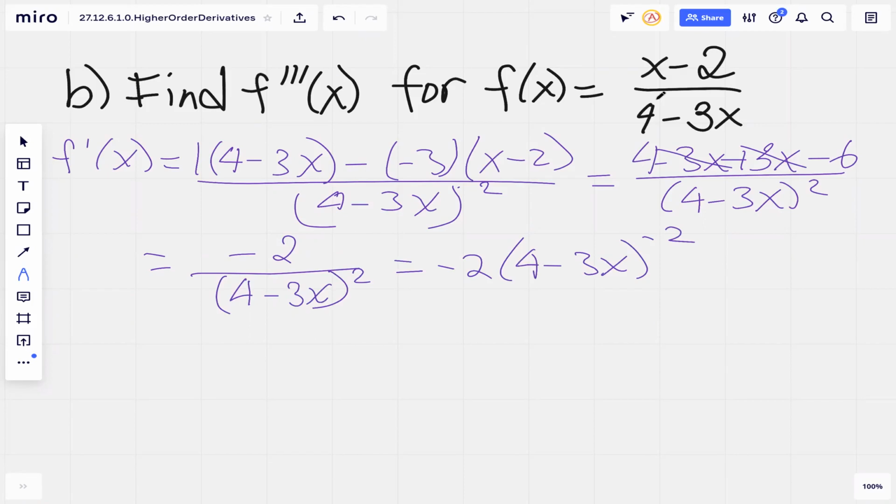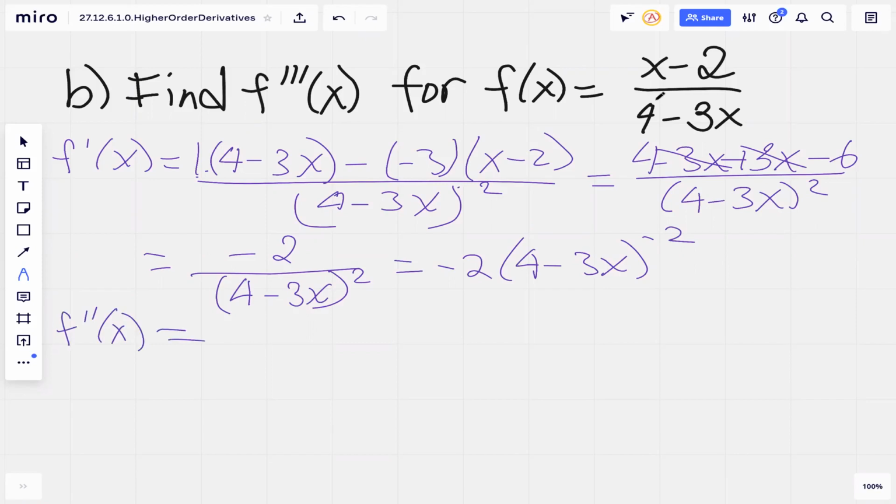The derivative of x minus 2 is 1 times our denominator, 4 minus 3x, minus the derivative of the denominator, which is negative 3, times the numerator, x minus 2, over 4 minus 3x all squared. Let's simplify the numerator. We have 4 minus 3x, and negative times negative 3 is positive 3 times x, 3x, and negative times negative 3 is 3 times negative 2, which is negative 6. Looks like it works out. Wow.